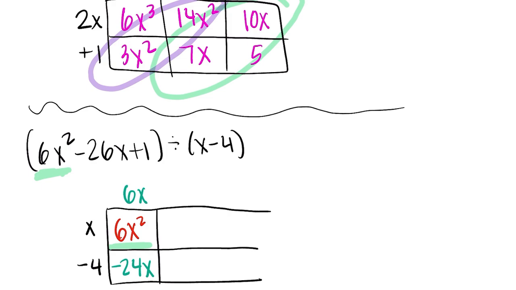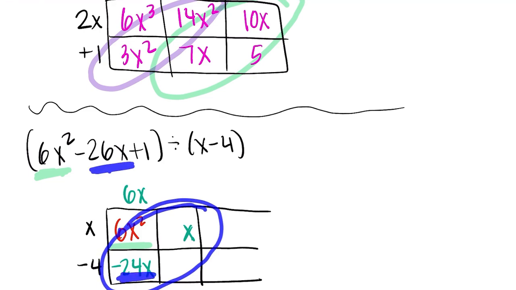So I know what this first column is. What we're going to do next is use what we did right here where we saw the diagonals were always like terms. So we've got this right here is supposed to have an x. If I add these together, we should get a negative 26x. So what would I have to add to a negative 24x to get a negative 26x?